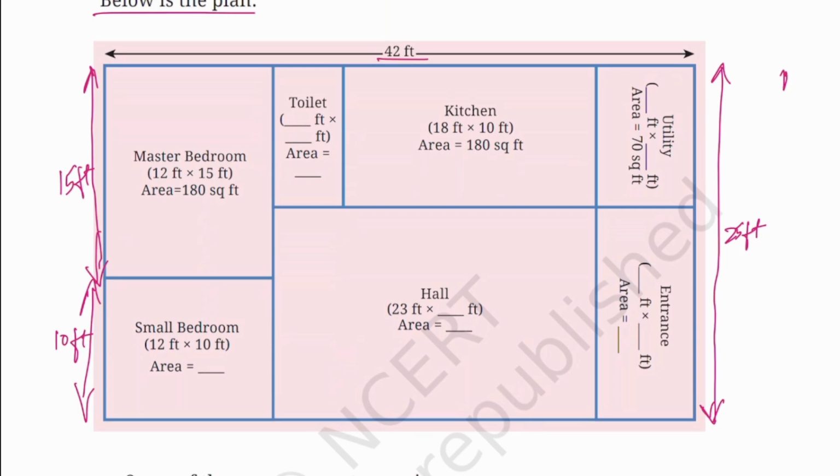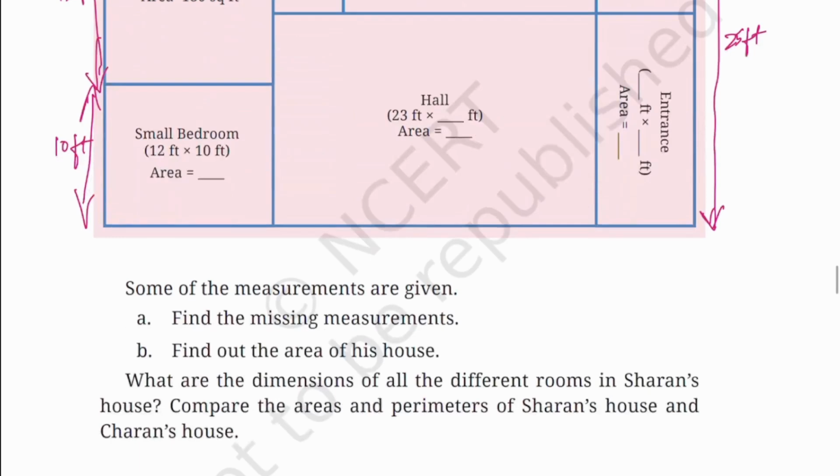Area will be 42 into 25. Area will be 1050 square feet. Find out the area of his house, that is 1050 square feet.